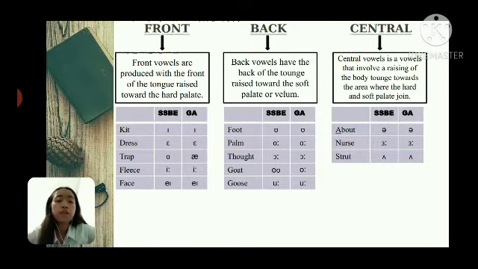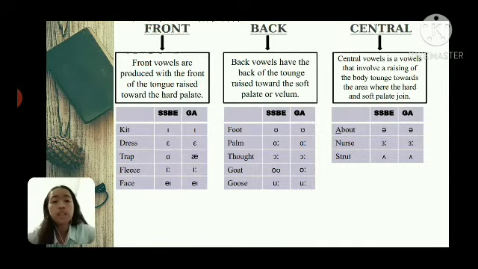Front vowels, also known as bright vowels, because they are perceived as sounding brighter than the back vowels. There are some example words: when you say kit or dress, trap, fleece, and face.